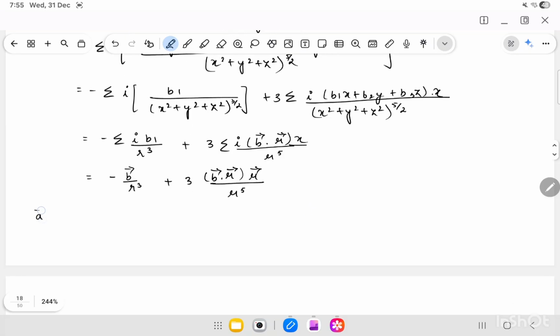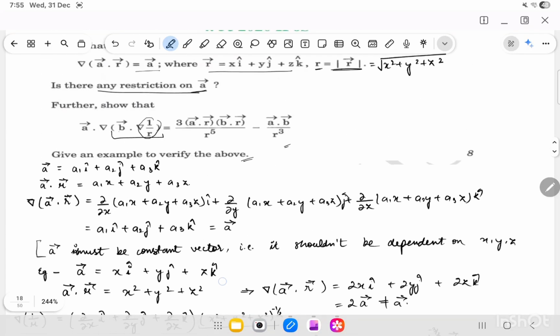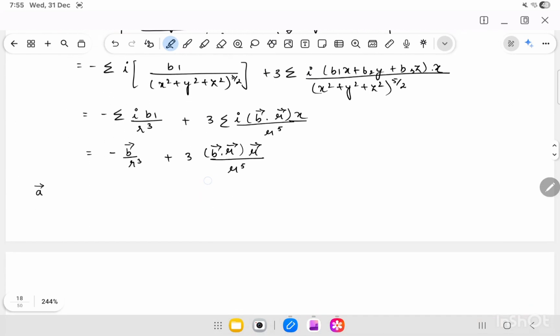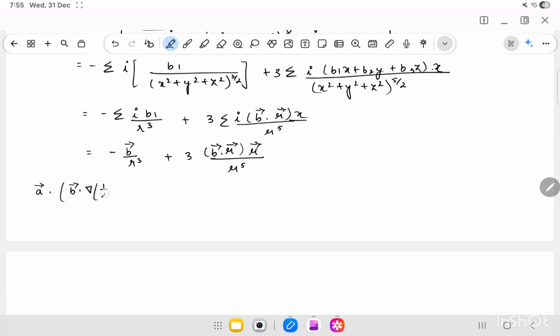Now if I evaluate a vector dot product with this, it will be equal to a vector dot product with (b vector dot grad 1 by r), which will be equal to minus a vector dot b vector divided by r cube plus 3 times (b vector dot r vector) times (a vector dot r vector) divided by r raised to 5, and this is exactly what we are supposed to prove.